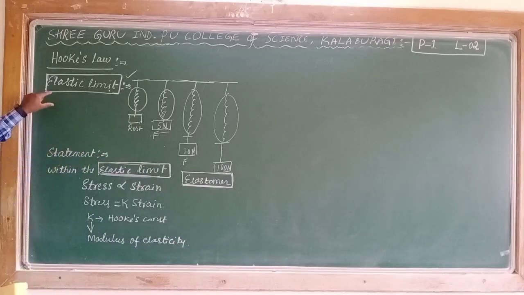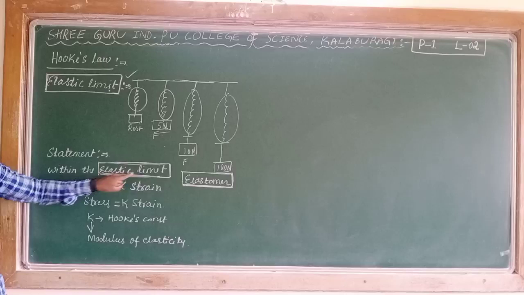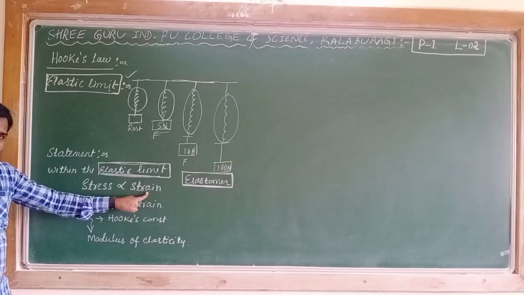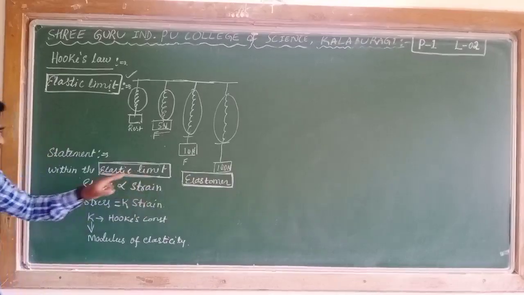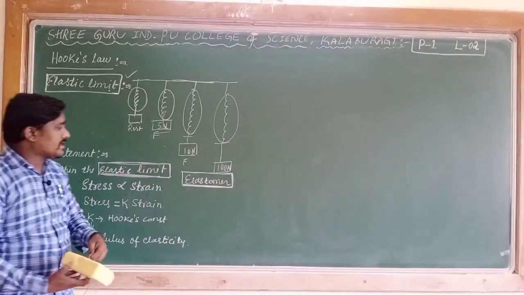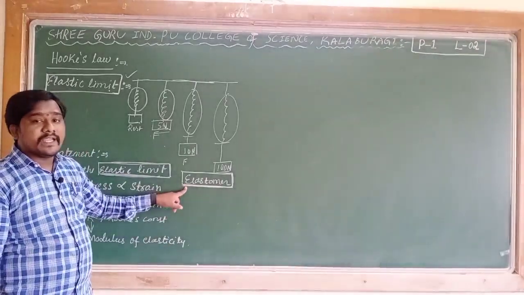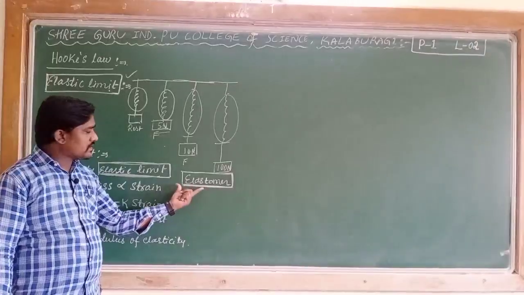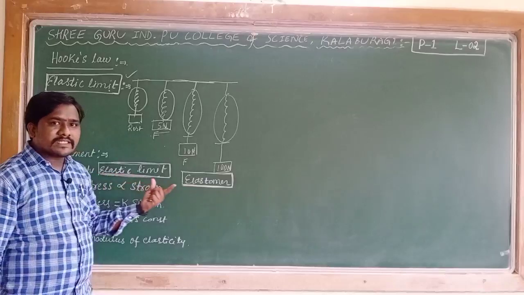What is Hooke's law? Within the elastic limit, stress is directly proportional to strain. Some materials have elastic properties but do not obey Hooke's law. Among these elastomers, let us consider rubber.